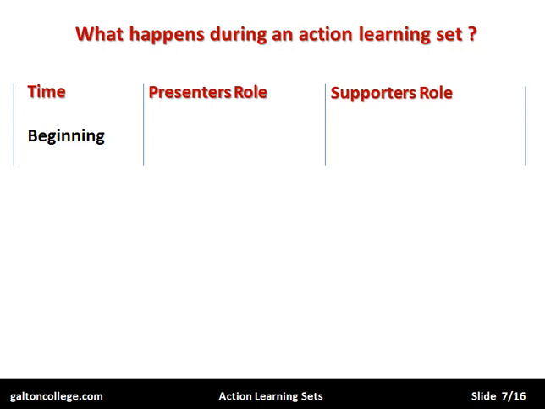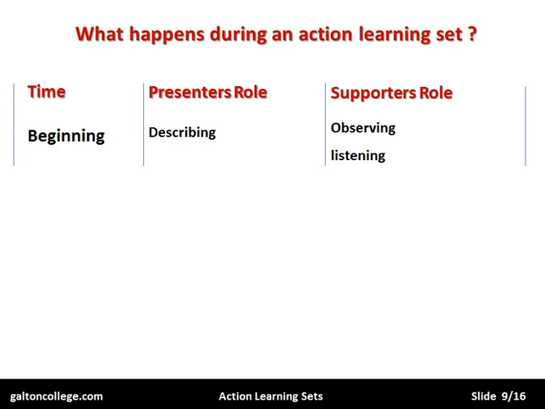The beginning is when the learning set comes into existence. And here the presenters are describing the issues, they're describing the problem, they're describing the process and what's required and the nature of the problem. It's a description of the task.